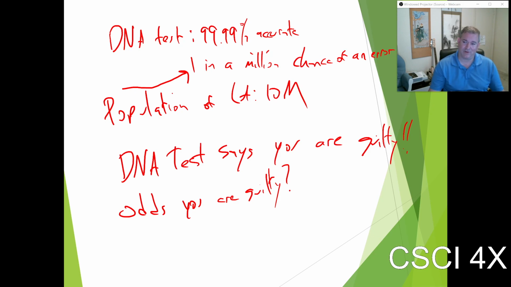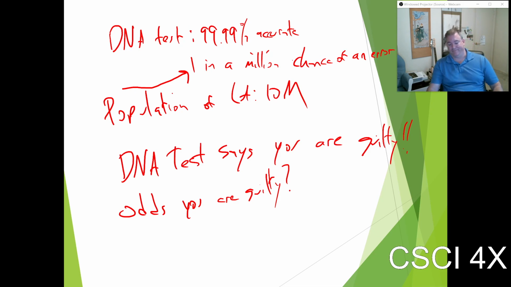Your DNA test matches the blood found at the crime scene. You're clearly guilty, right? Anyone? Yeah, let's say 1 out of a million chance of an error.